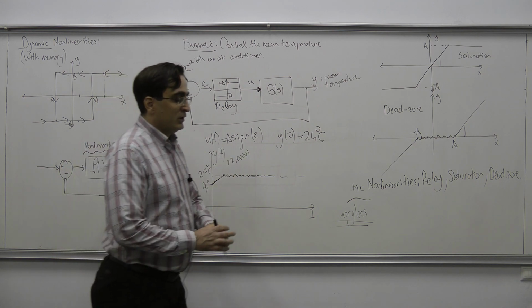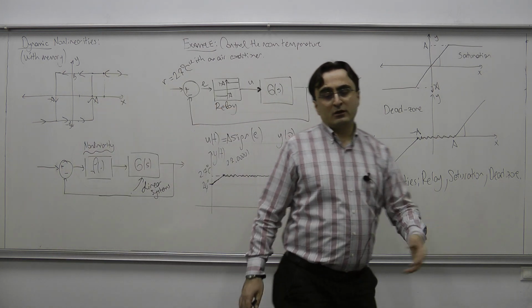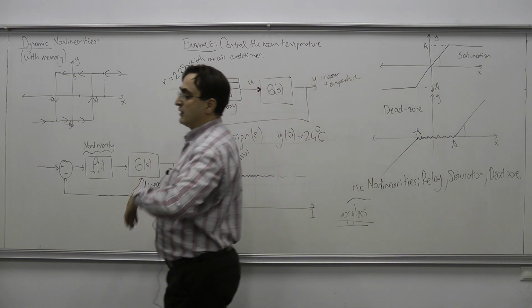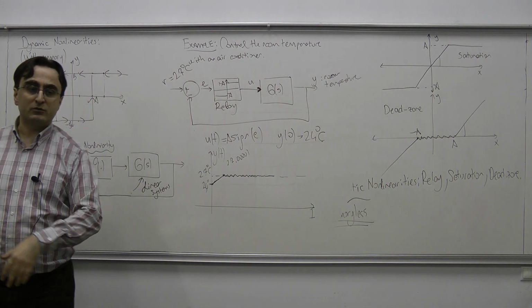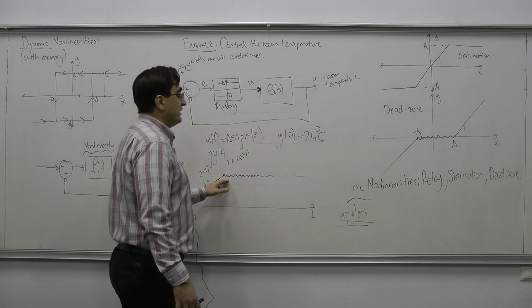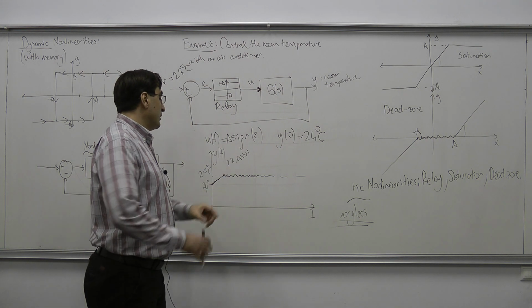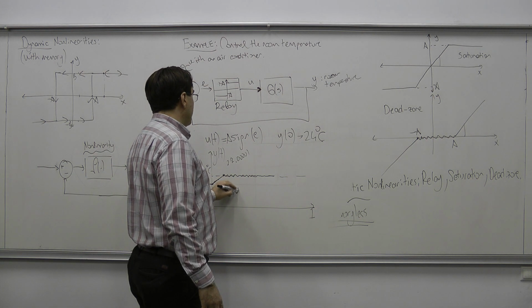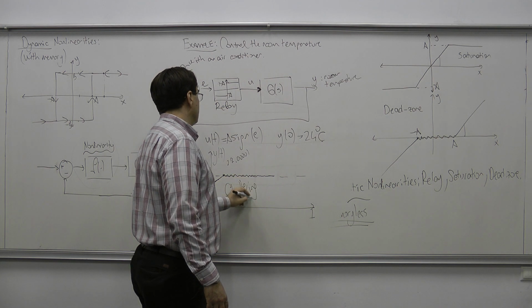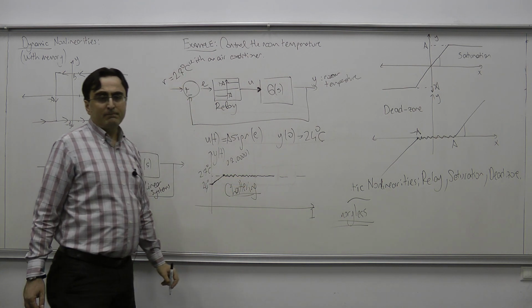So we are going to start air conditioning, start heating, then start cooling, then start heating, start cooling with a very high frequency. This type of behavior is called chattering in control. Okay?